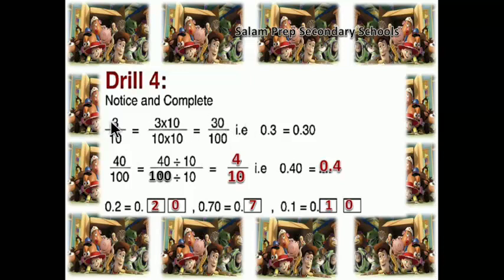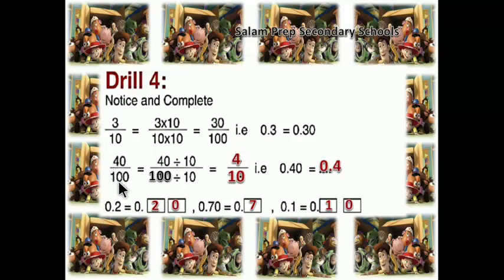Now 3 over 10 equal 30 over 100. 3 tenths equal 30 hundredths, because 30 over 100. You can remove this 0 with this 0, so 3 over 10 equal 30 over 100. Okay?